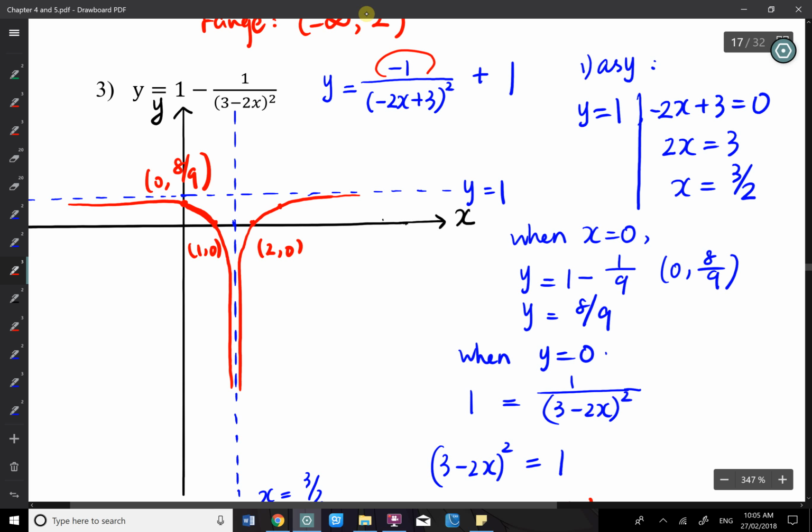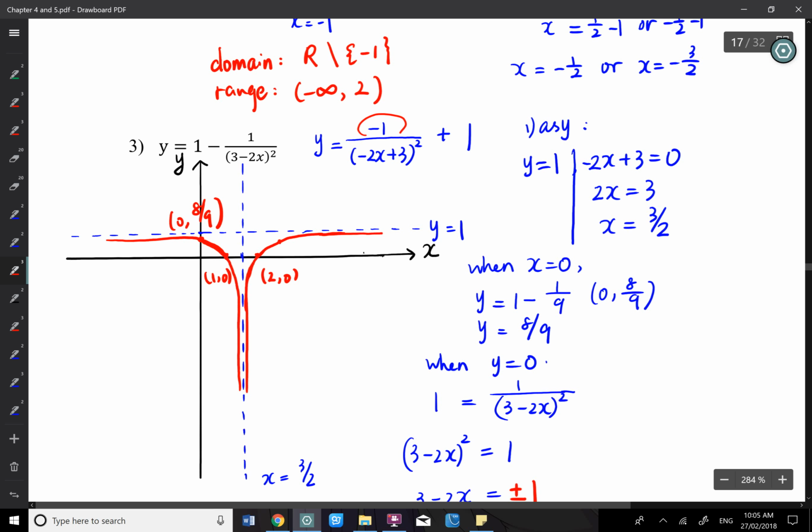Yep, that's the shape of the graph. This side is not really nice. Okay, that's better.